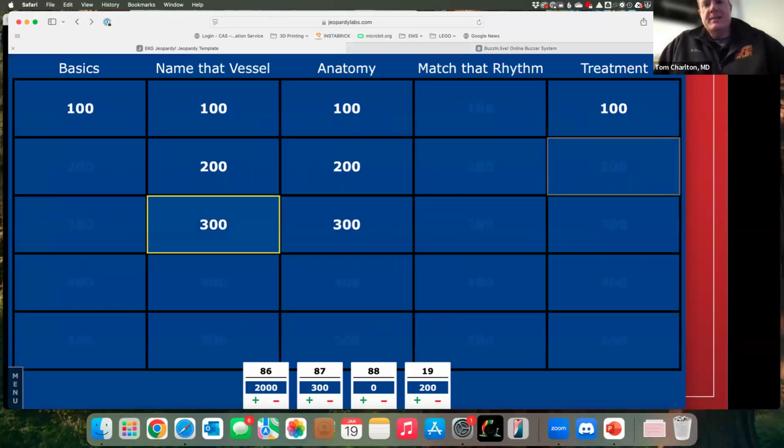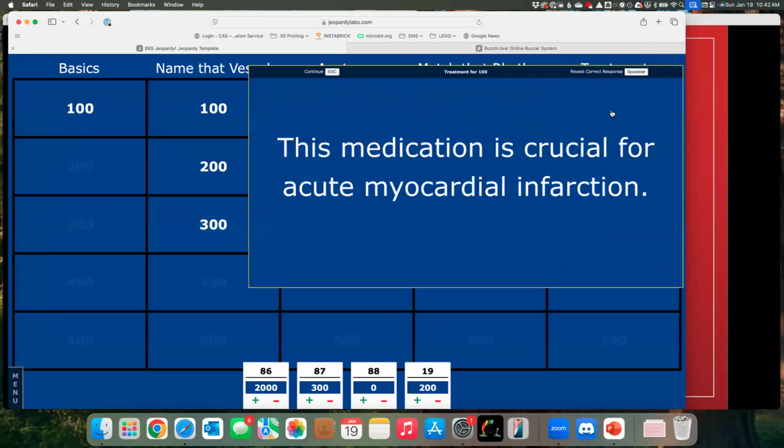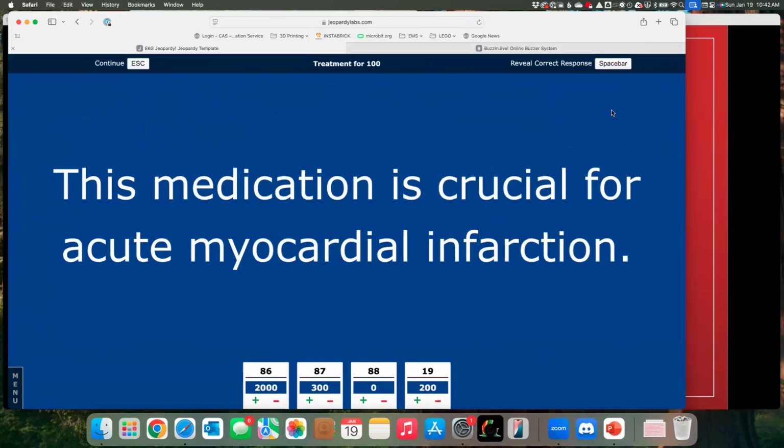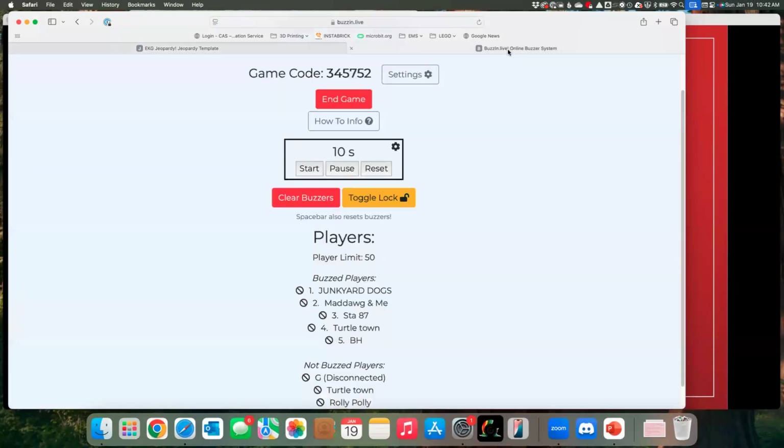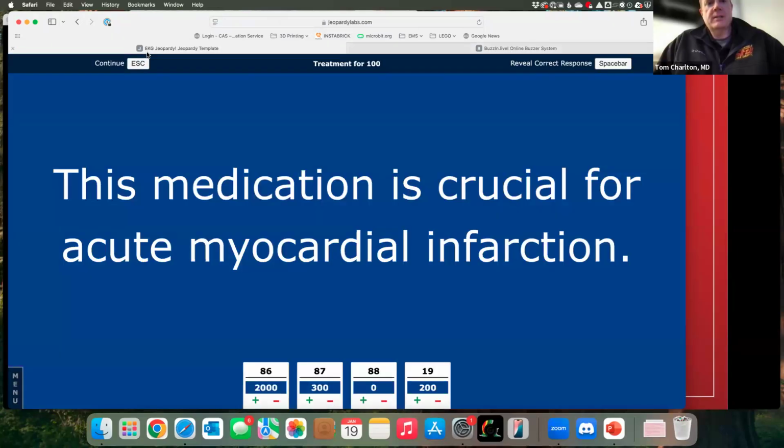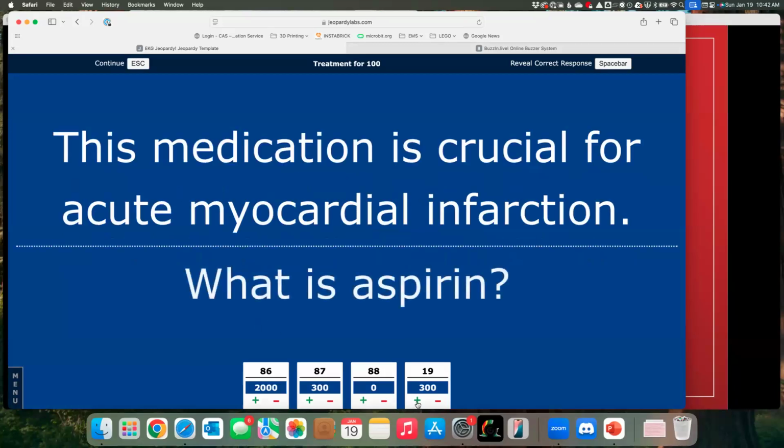All right, 86s. Treatment 100. Junkyard Dogs. What is aspirin? Correct.